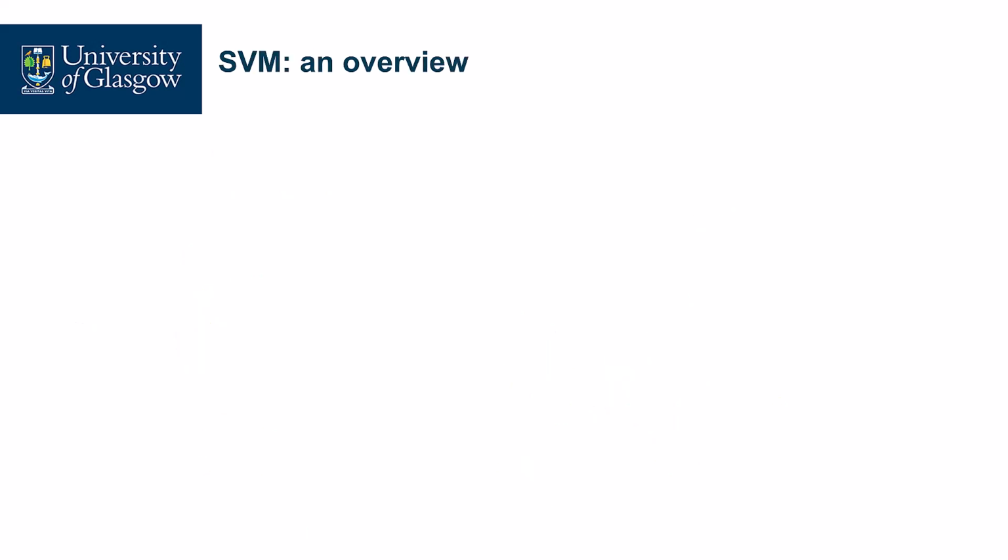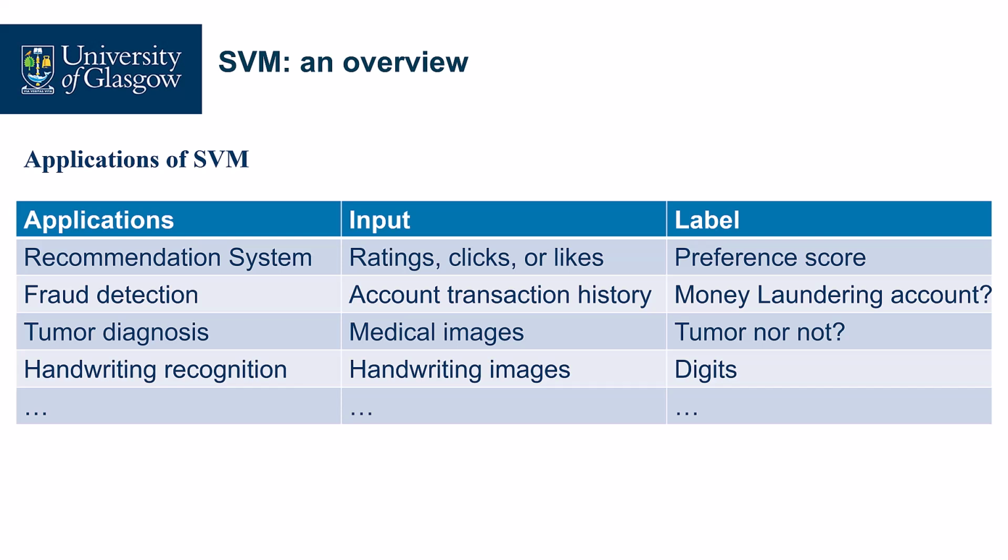In the real world, there are many applications of SVM for classification. In this table, I list a few of them. For example, in your mobile app's recommendation system, we input the ratings, the clicks, or the likes, and it provides a preference score, right? Also for fraud detection, in your mobile banking or your email, the machine can suggest if a request is a fraud or not.